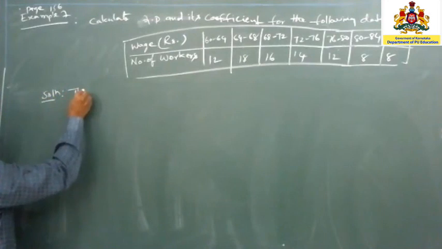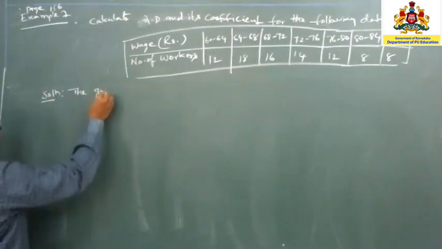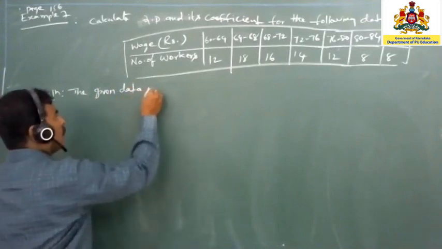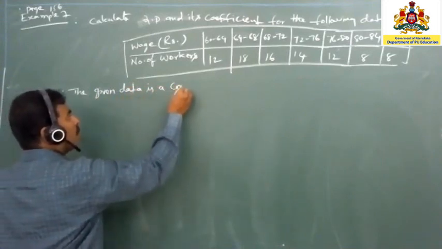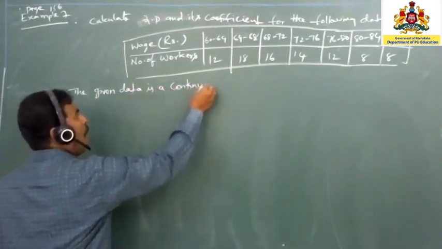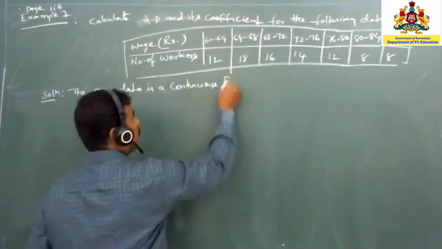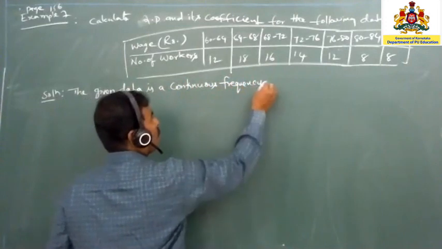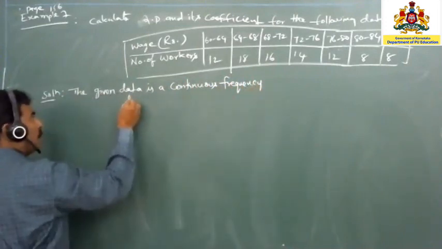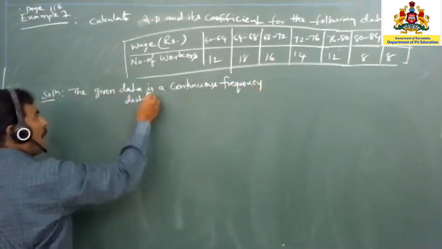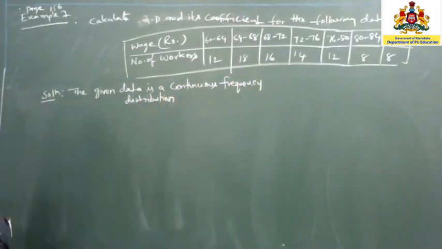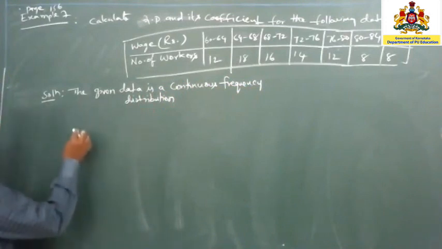The given data is a continuous frequency distribution.